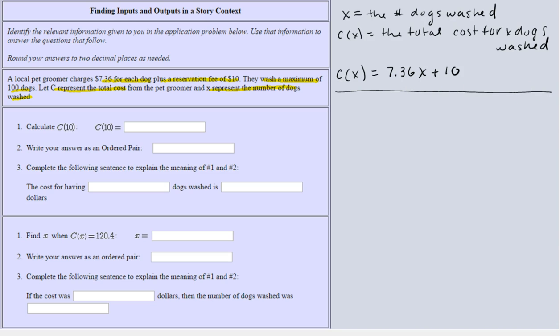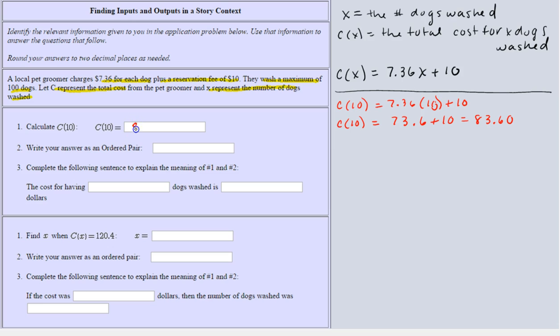So now let's find C of 10. C of 10 is 7.36 times 10 in parentheses plus 10. So this would be 73.6 plus 10, which is 83.6, or $83.60.